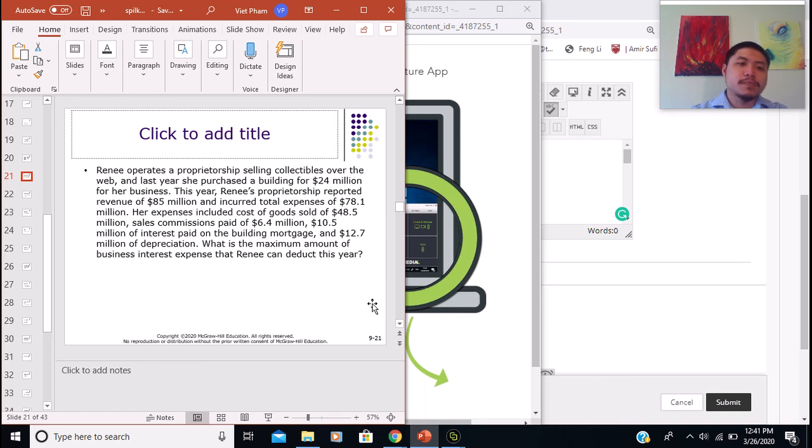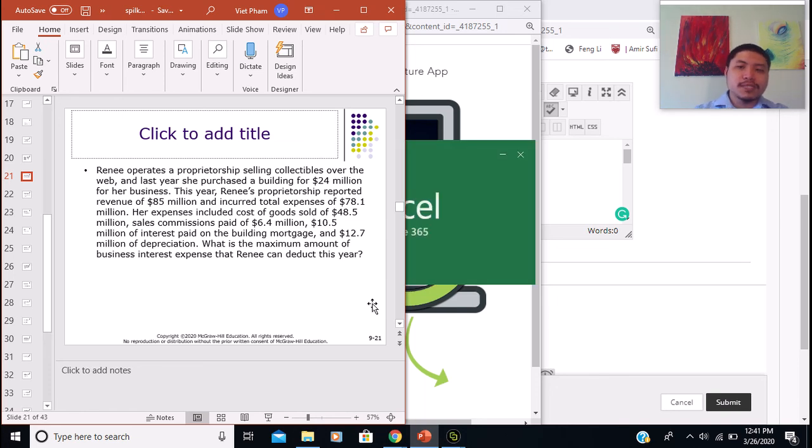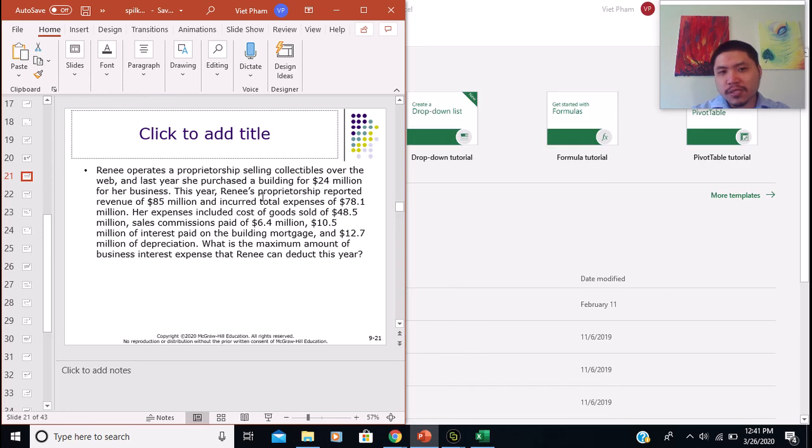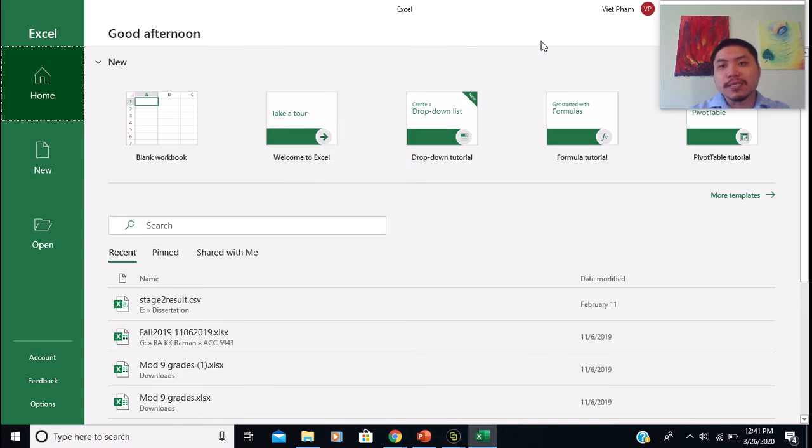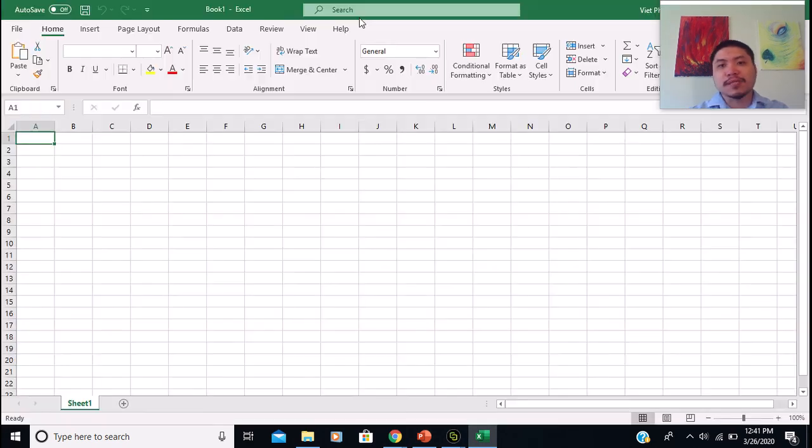Right, so the first item that we need in that formula is taxable income. But in here they don't say what the taxable income is. However, they give us the total revenue and the total expenses, so from there we can calculate the income. Income is equal to revenue minus expenses.